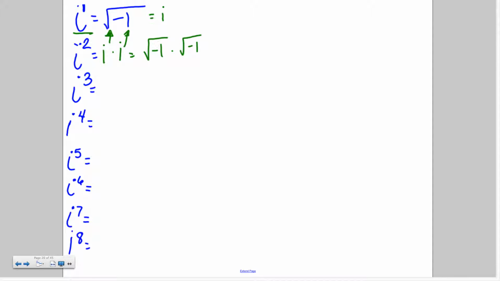Anytime you multiply a square root of a number by the square root of the same number, you're going to get the number that is under there. So, for instance, if I had the square root of 3 times the square root of 3, I'm going to get 3.